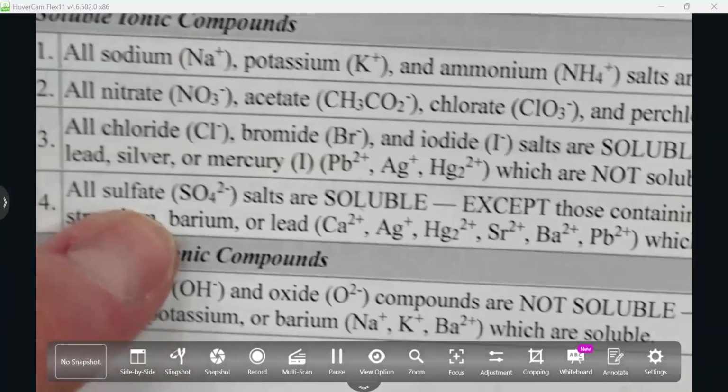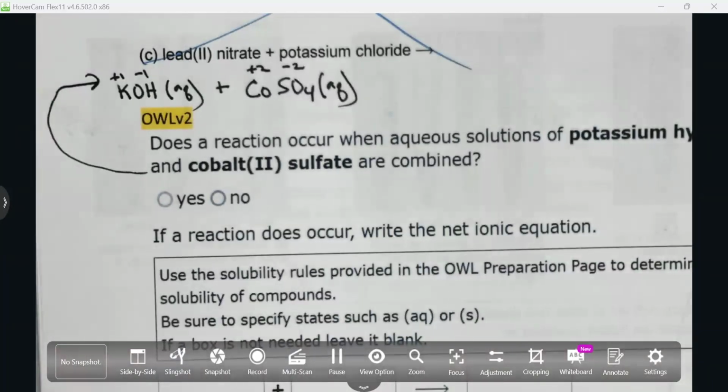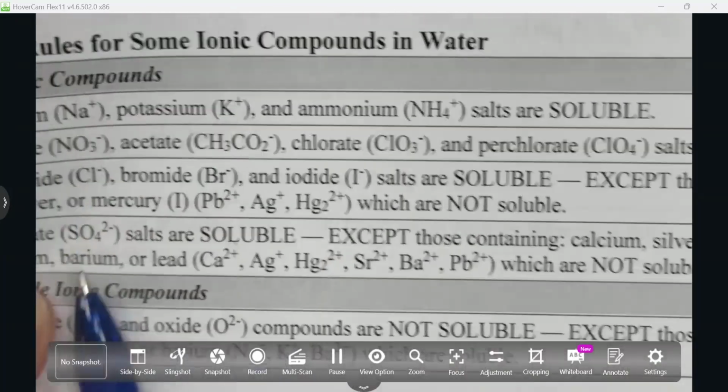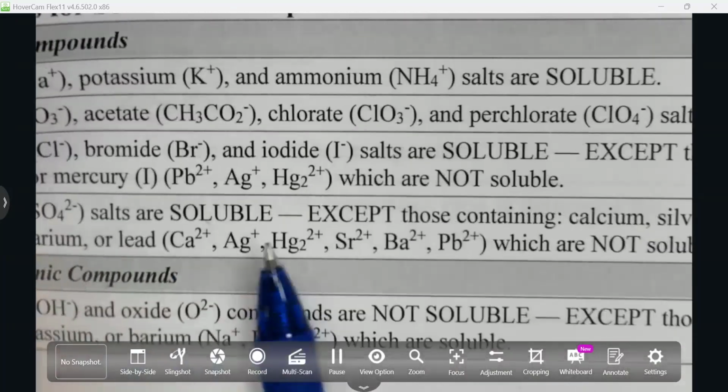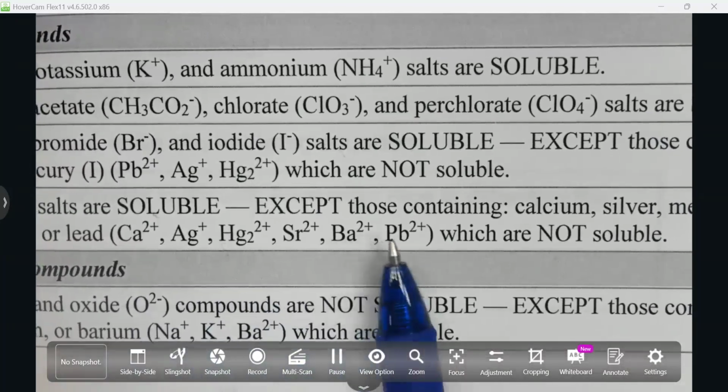All sulfates, there are exceptions, and cobalt is not an exception. So sulfates are soluble except those containing calcium, silver, mercury 1, strontium, barium, and lead.